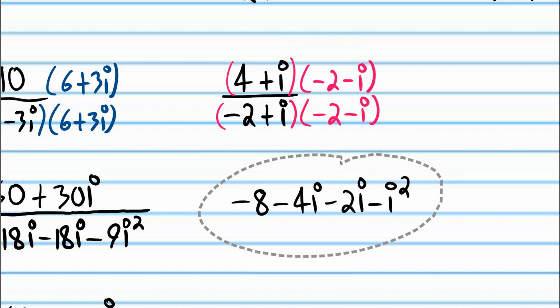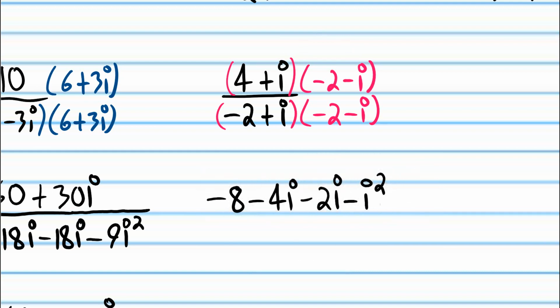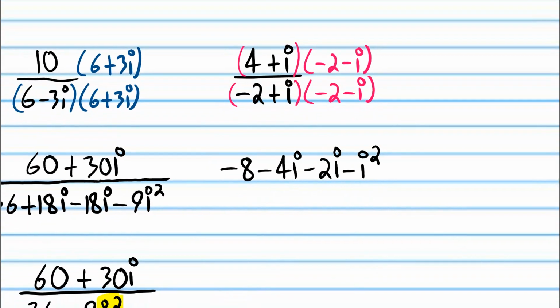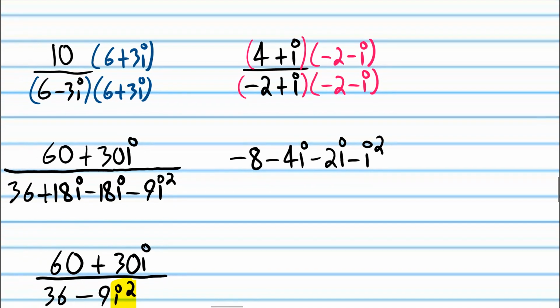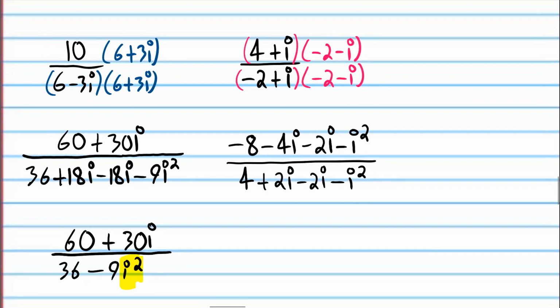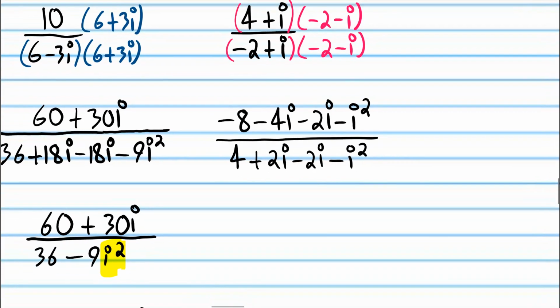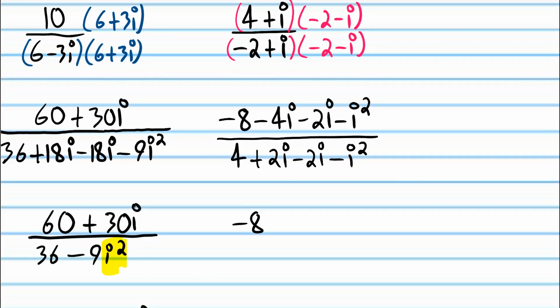So using FOIL in the numerator, I get the following. And then I'm going to use FOIL in the denominator, and I get 4, and then positive 2i, and negative 2i, and then negative i squared. Okay, so let's simplify.